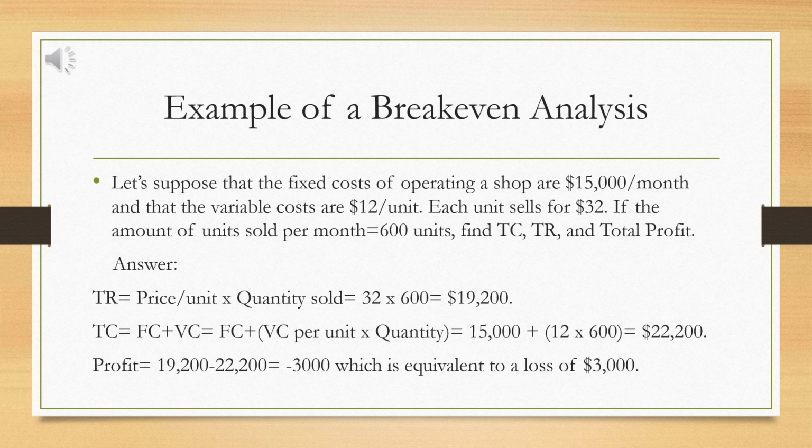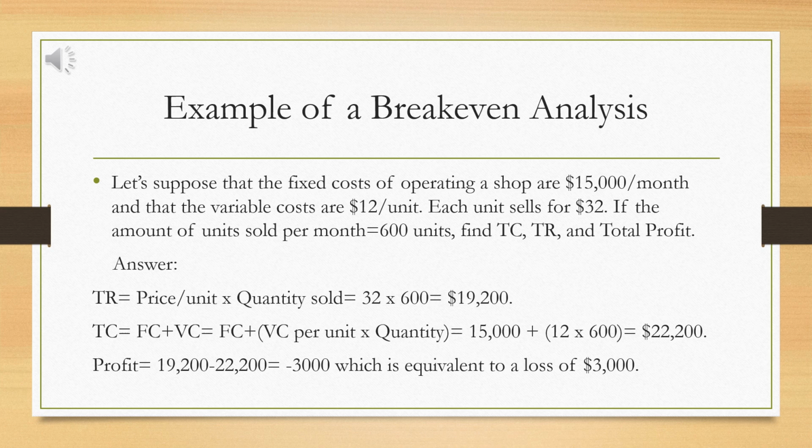Well, total revenue equals price per unit times quantity sold, which is 32 times 600, which is $19,200. Total cost equals fixed cost plus variable cost, which is equal to fixed cost plus variable cost per unit times quantity, which is 15,000 plus 12 times 600, equal to $22,200.